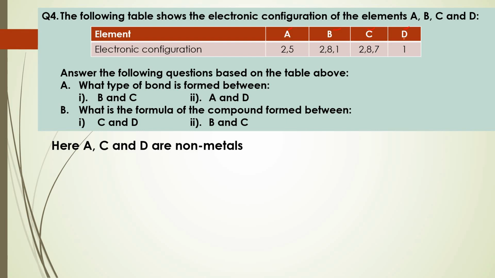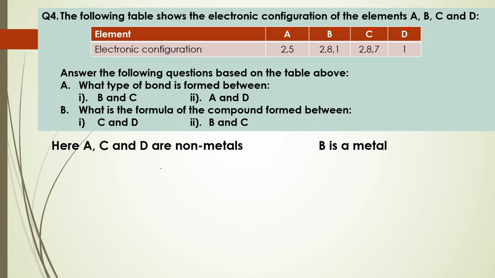And this D, although it has 1 electron, so it will be metal as well as non-metal in group 1, but while forming bonds, compounds, this can be taken as non-metal. So A, C and D are non-metals, whereas B is a metal, group 1, alkali metals.